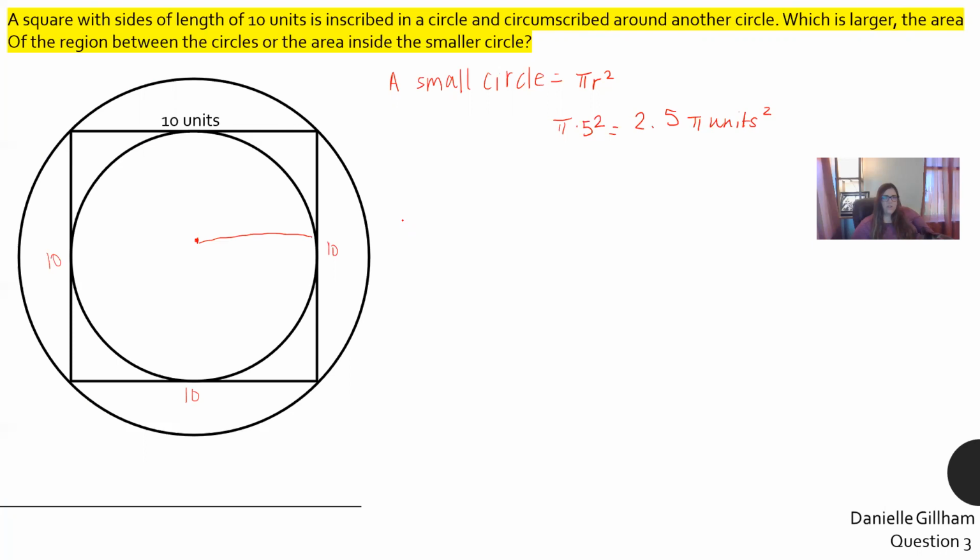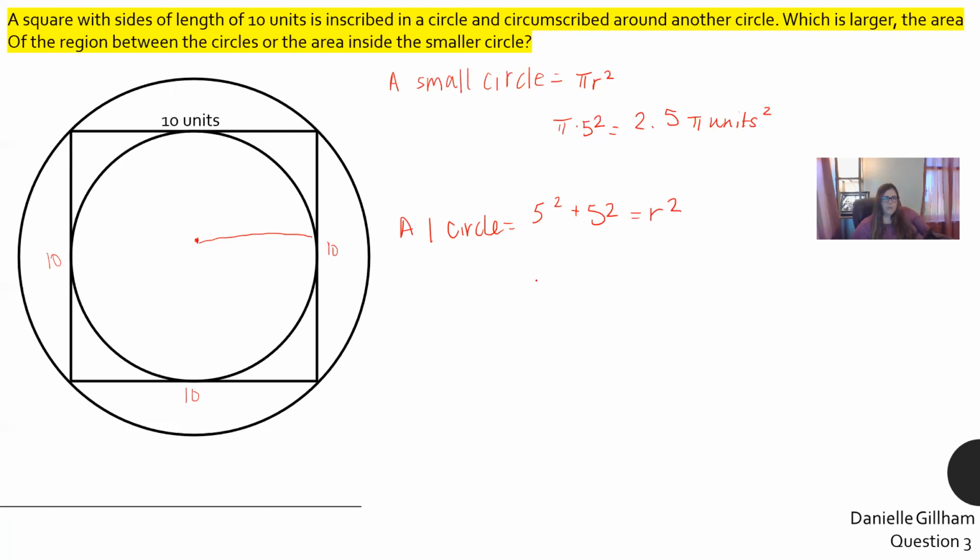And then the area of the larger circle, you're just going to do 5 squared plus 5 squared equals radius squared.